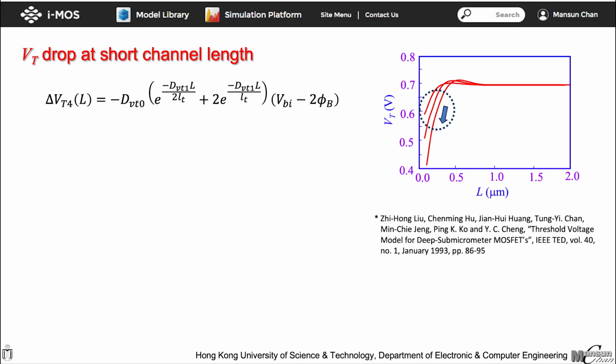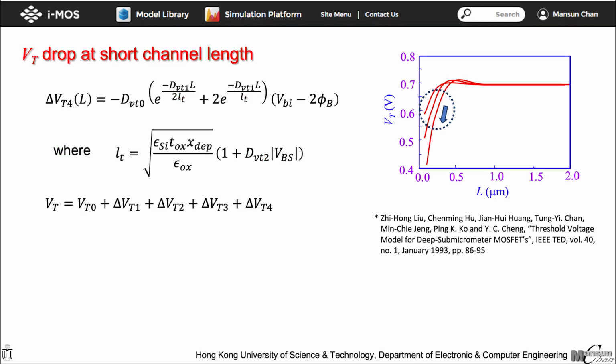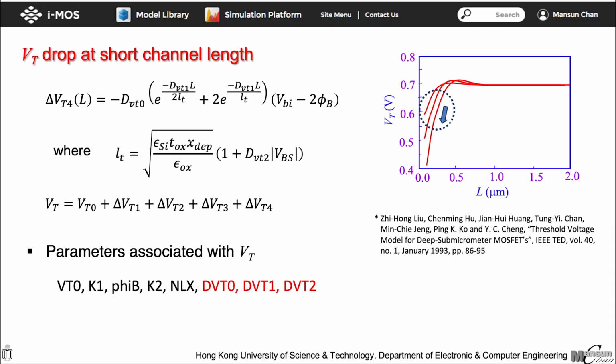In this expression, 3 new parameters dVT0, dVT1, and LT are introduced. The parameter LT can be further expressed using another new parameter dVT2, as shown in the following expression.